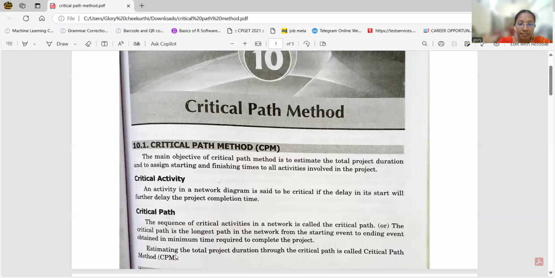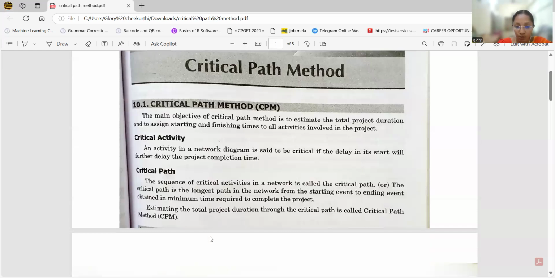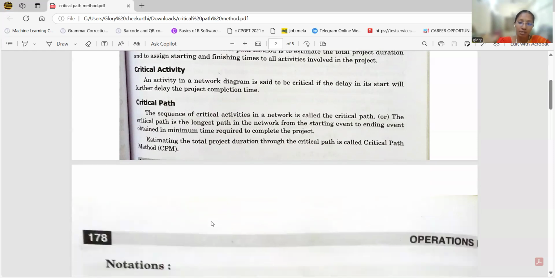The critical path is the longest path in the network from the starting event to the ending event, giving the minimum time required to complete the project. Estimating the total project duration through the critical path is called the critical path method.